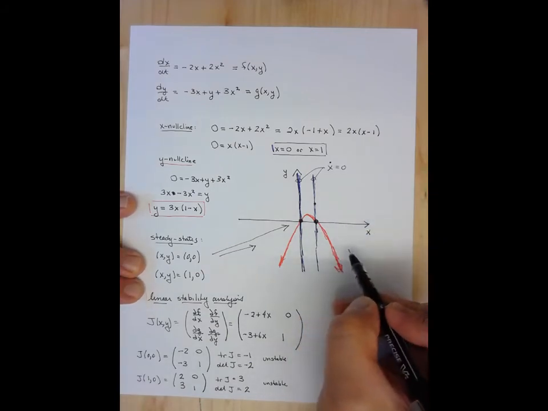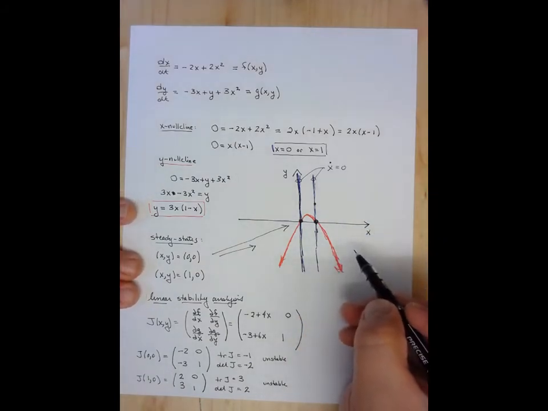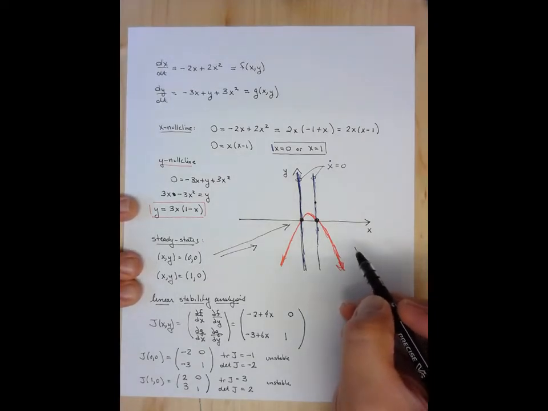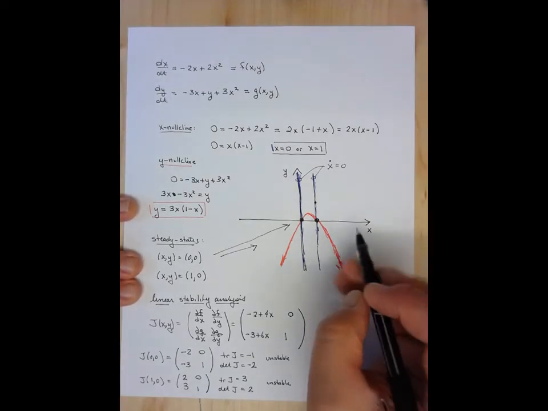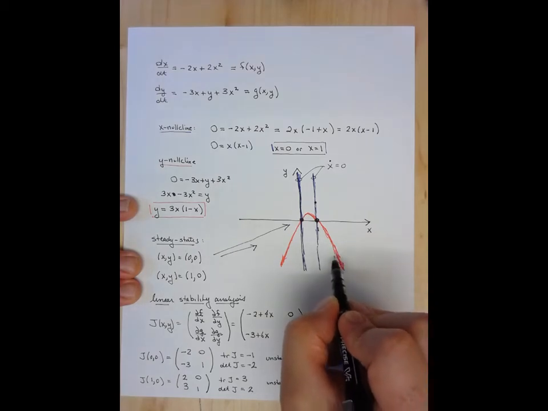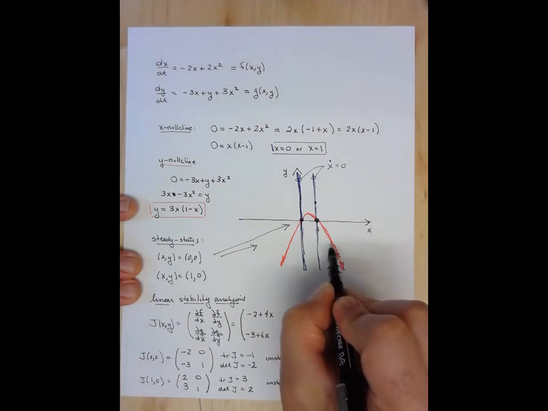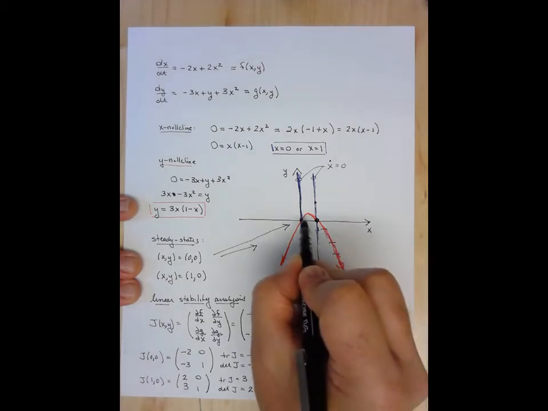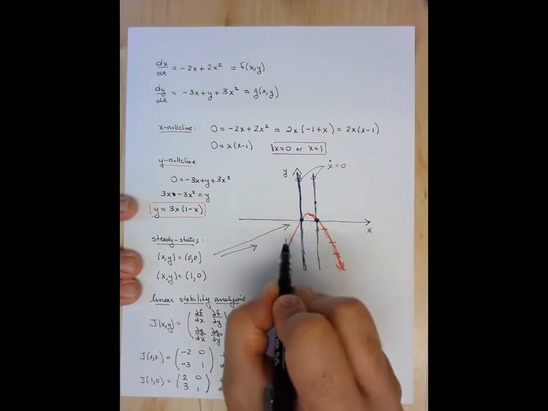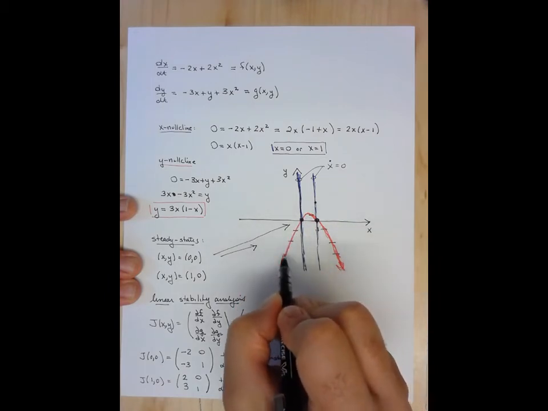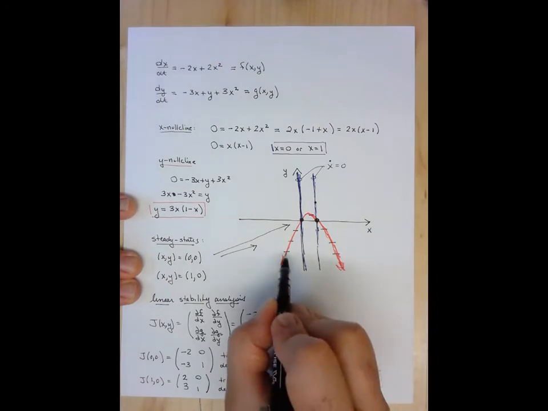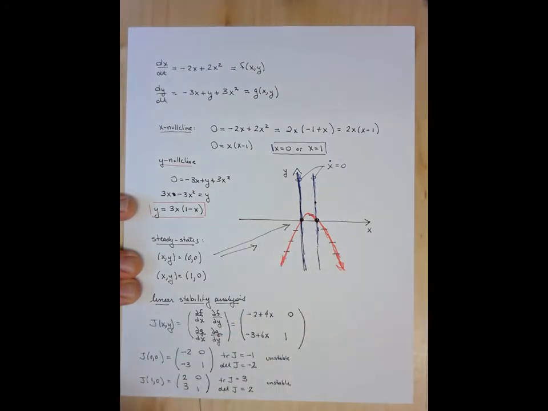We'll see that in a minute. For the y nullcline, the rate of change of y is 0, and if the y nullcline is going to be crossed, we're going to have to do so in a horizontal way. Right? Because moving horizontally is the rate of change of y being 0, but x being non-zero.